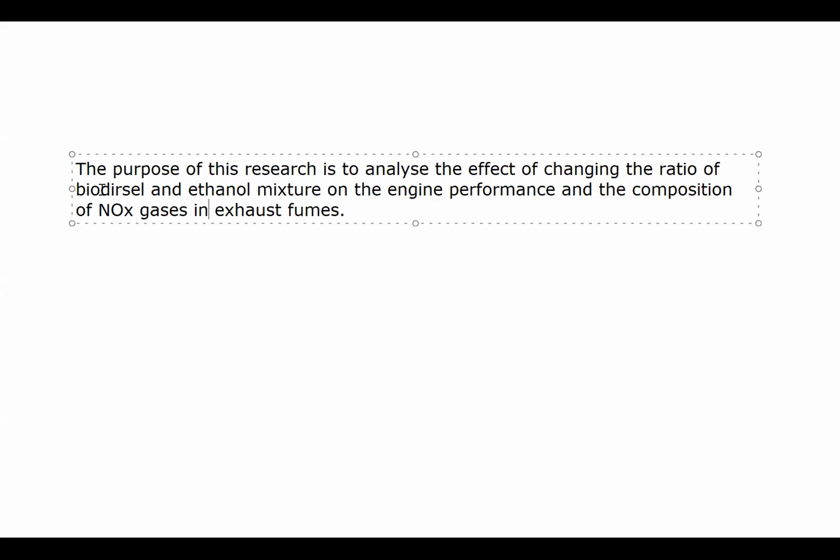Some of the NOx gases can be reduced in the exhaust using specific types of mufflers. Mufflers are very expensive and have catalysts in them. Research could be done on the muffler catalyst as well in order to reduce NOx, but I'm not doing that. I'm just looking at how much I'm producing.